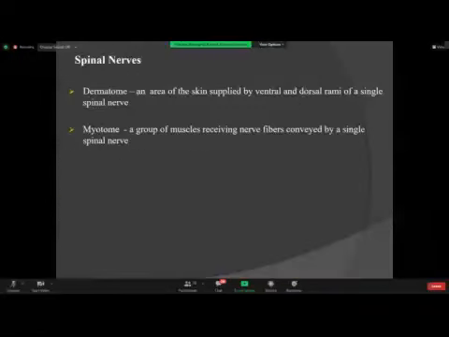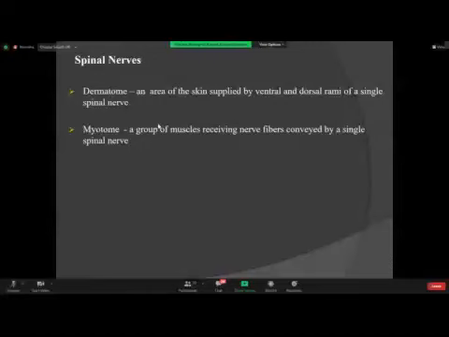One simple way of understanding the spinal nerve is to think about it in terms of sensory and motor. Okay, so we have these dermatomes. This is the area of skin that is being supplied by the ventral and dorsal rami of a single spinal nerve. Then we have myotomes.